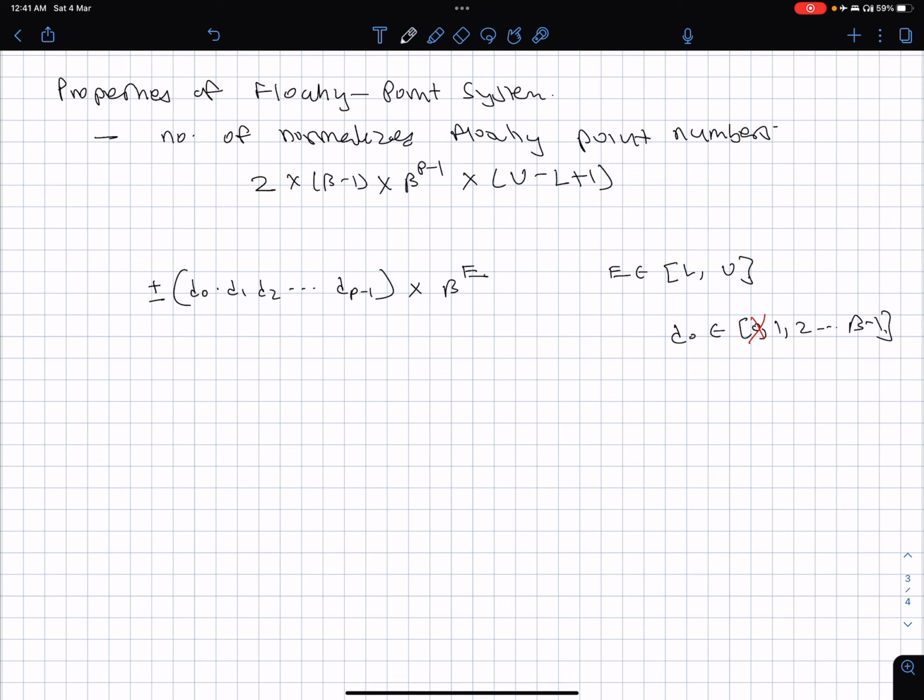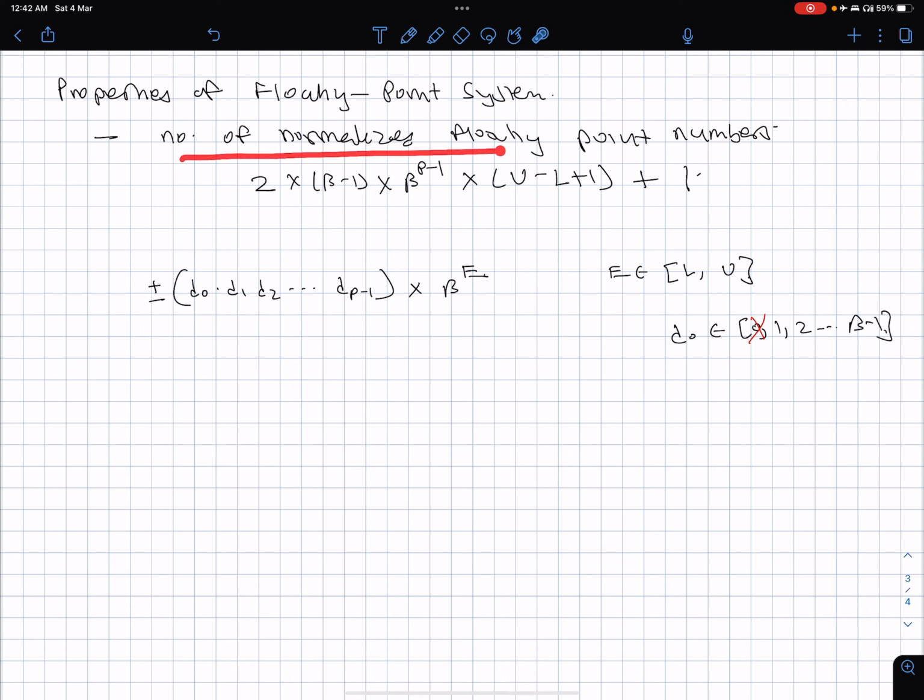So therefore, there are so many non-zero numbers, because the leading digit is 1. All of these are non-zero numbers, plus the number 0, which has a unique representation. So therefore, plus 1.